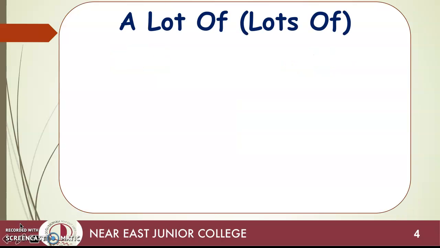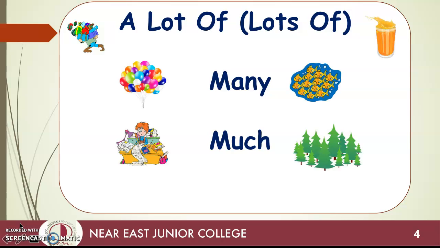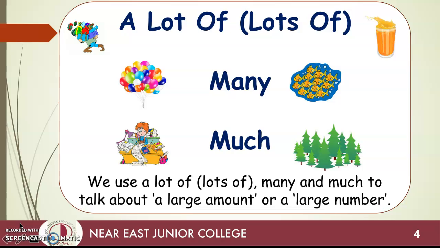Okay, now that we have revised countable and uncountable nouns, let's start learning about a lot of, many, and much. We use a lot of or lots of, it's the same thing, many and much to talk about a large amount or a large number.